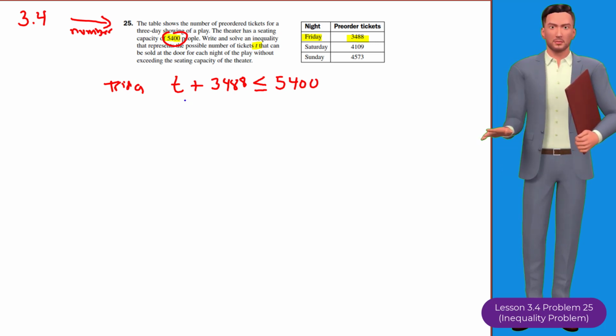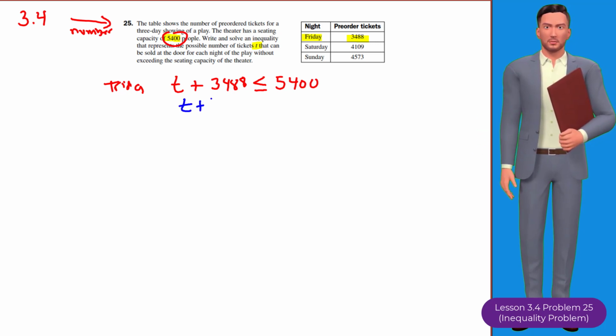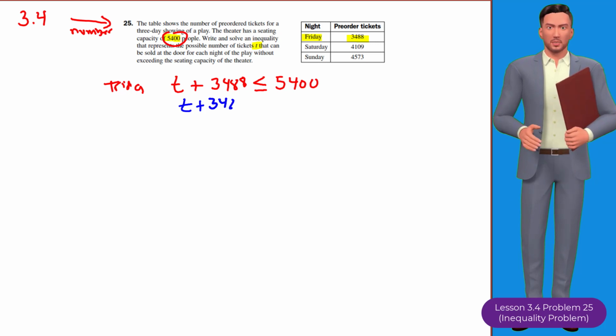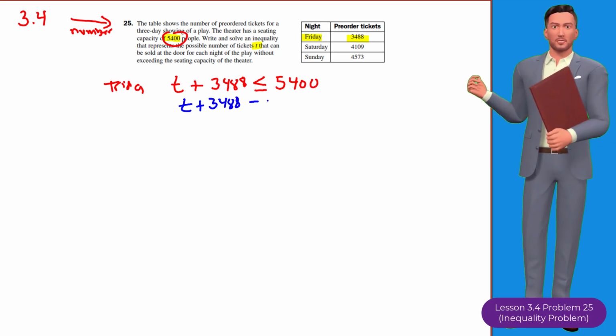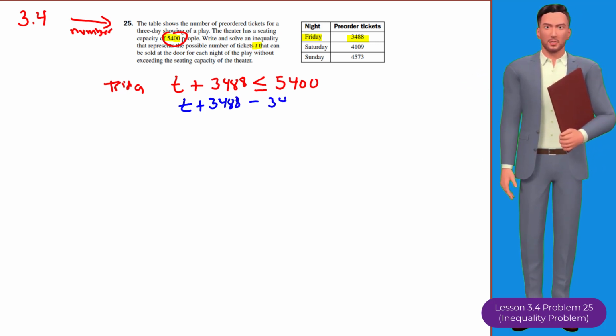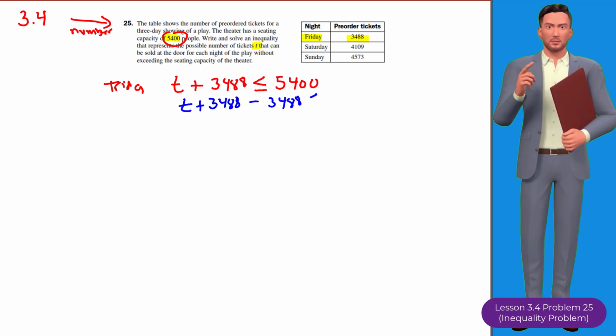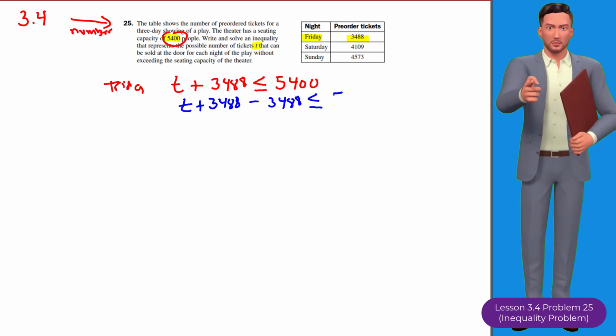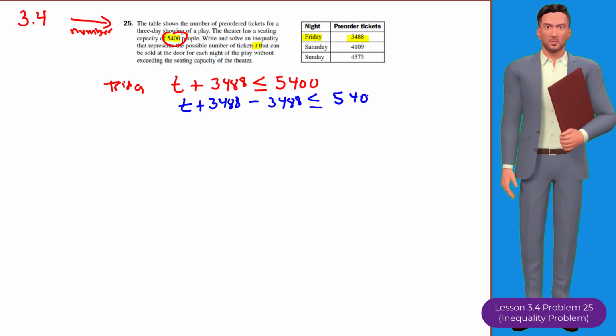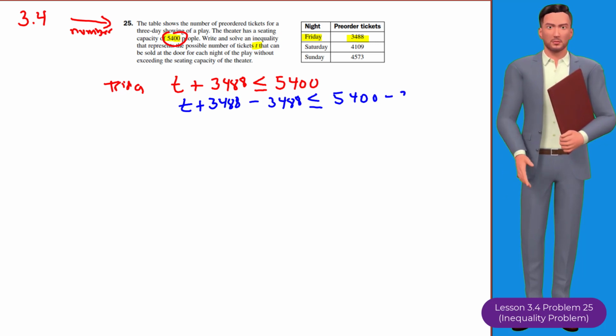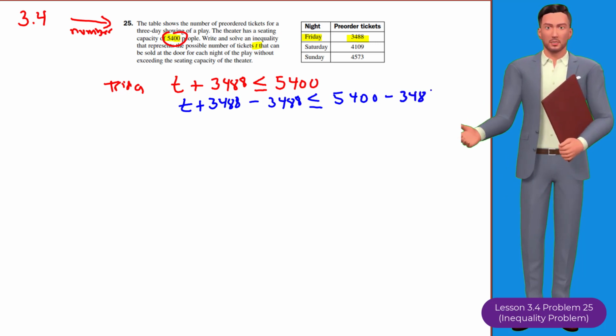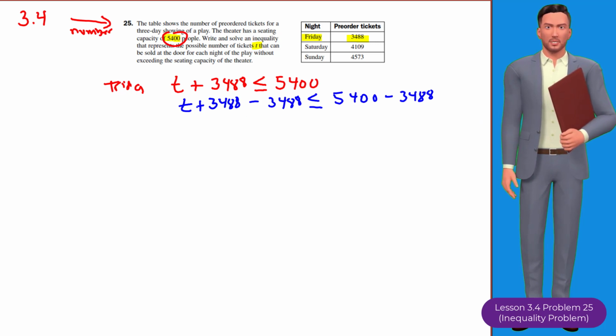So we have the inequality, T plus 3,488 minus 3,488 has to be less than or equal to 5,400 minus 3,488, since we've already sold that many.